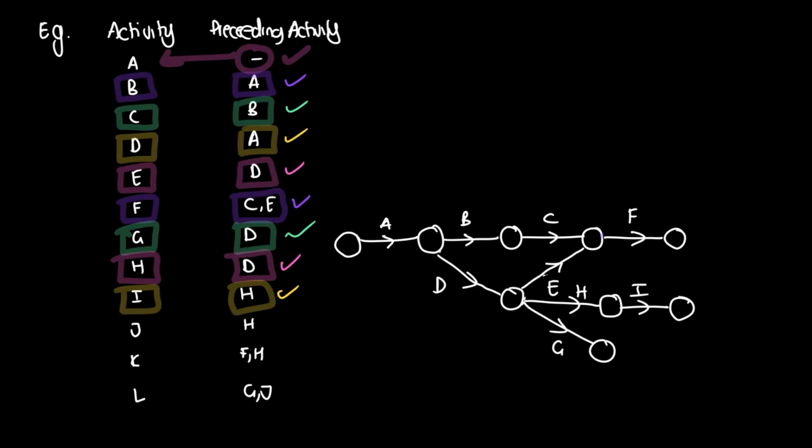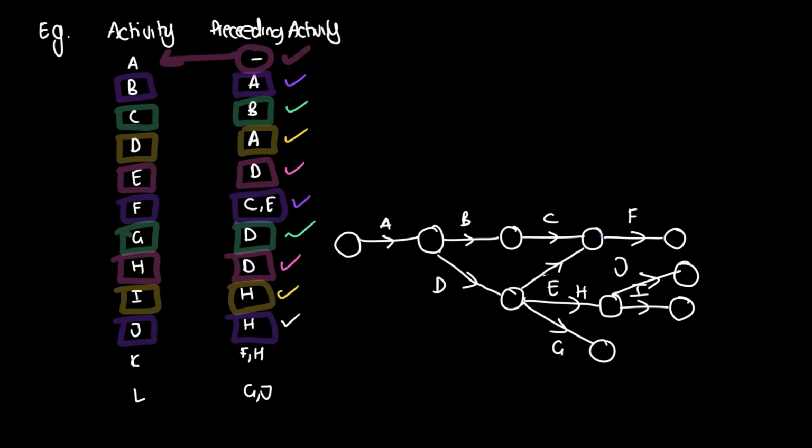So let's just use purple. J, and it has H preceding it. So we're going to have another edge coming out of H. And again, we want it to be in the correct order. So let's just make it over there. And let's just call it J. And at the moment, it has an end like that.